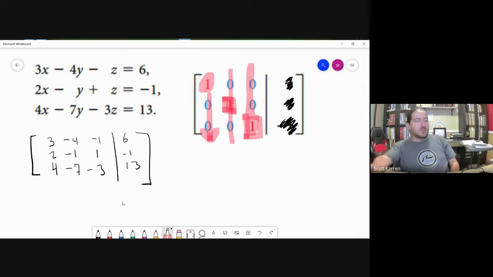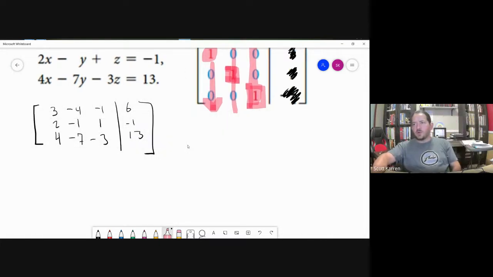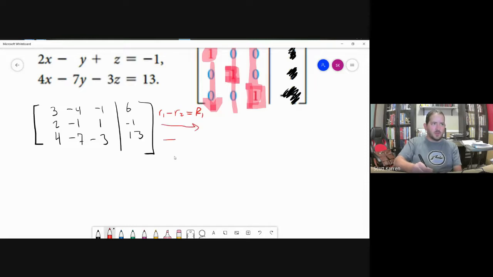Okay. So on the last one, we were lucky enough just to swap a row and get a 1. I can't do that here, but I can easily take row 1 and subtract row 2 to become my new row 1. And I'm not going to change row 2, and I'm not going to change row 3, so I'm just going to indicate with an arrow that they don't change. And my new matrix, row 1 minus row 2, is each element in row 1 minus each element in row 2. So that is 3 minus 2 gives me the 1.